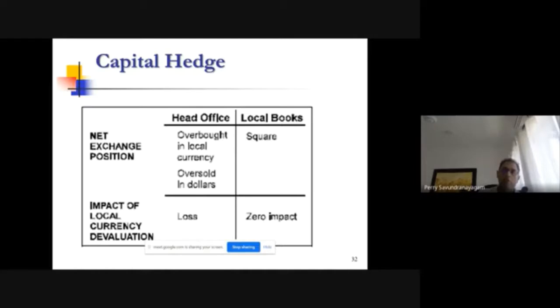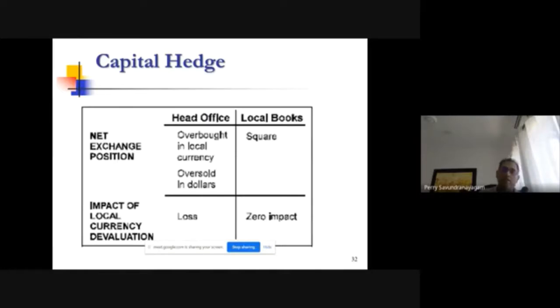So in this grid, you see that the capital at the head office level runs an overbought or oversold position. And in the local books, say the bank in Sri Lanka, they've got 200 million rupees, that's their requirement, that's it.